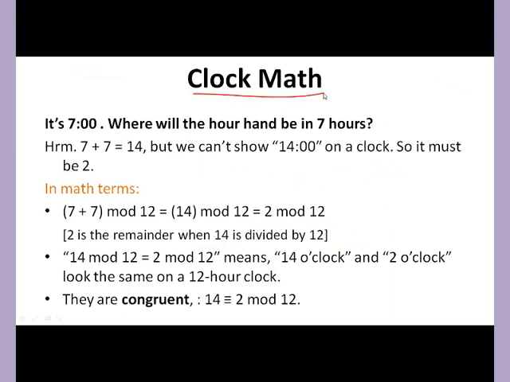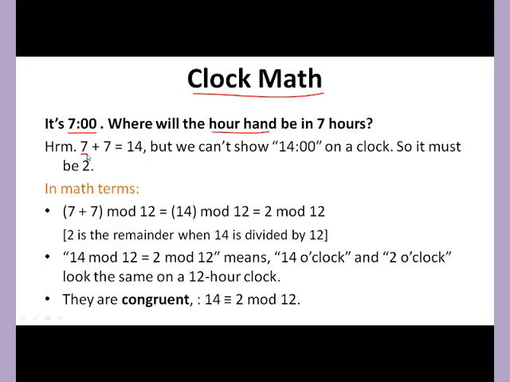Very well known is clock math. We are taking one example here. Suppose it is 7 o'clock. We are not dealing with AM or PM. It is 7 o'clock, and hence our hand is at 7 on the watch. Where will our hand be after 7 hours?